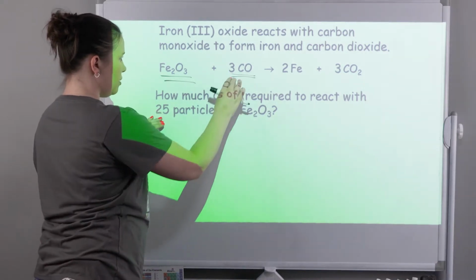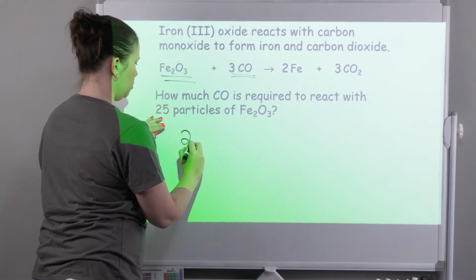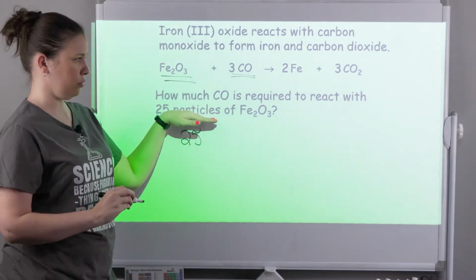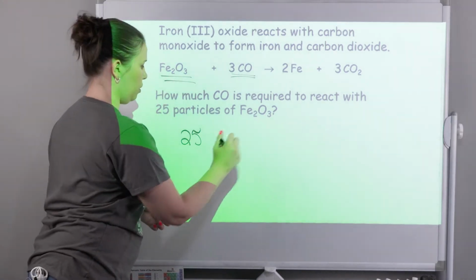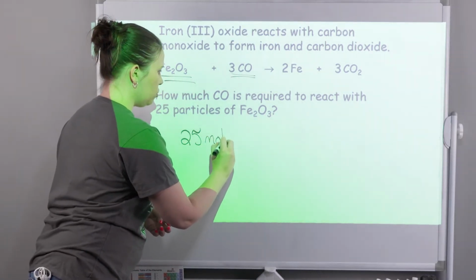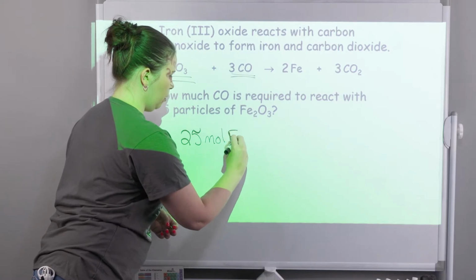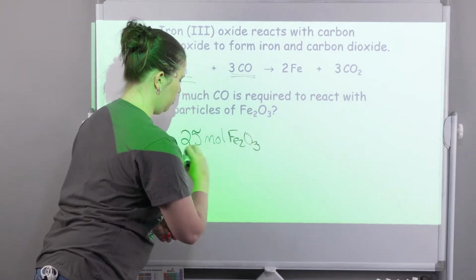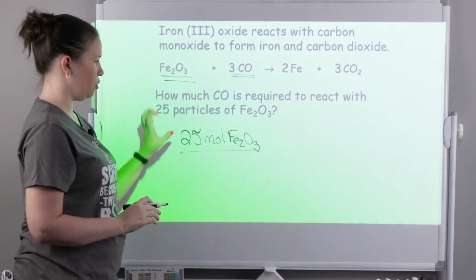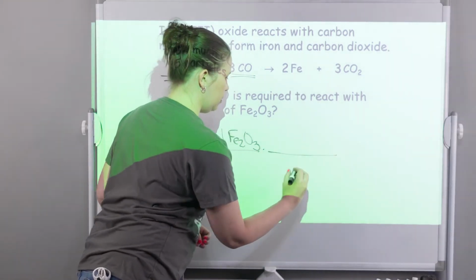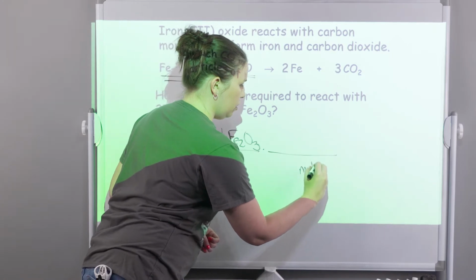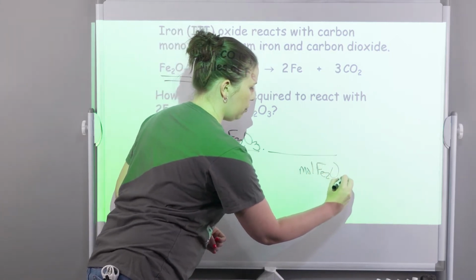We can actually set this up with our mole ratio. So 25 particles, 25 pieces of Fe2O3. Generically speaking, I'm just going to call that a mole. So if I have 25 amounts of iron oxide, I can now put my moles of Fe2O3 on the bottom.